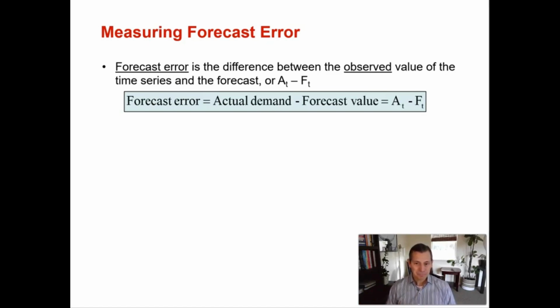These slides are pretty full, so I'm going to be jumping all around on them. There are different methods that we're going to go over to measure forecast error. Those are the mean absolute deviation, the mean squared error, and the mean absolute percentage error. Before we get there, we need to understand, what is forecasting error? It's the difference between the observed value of the time series and the forecast.